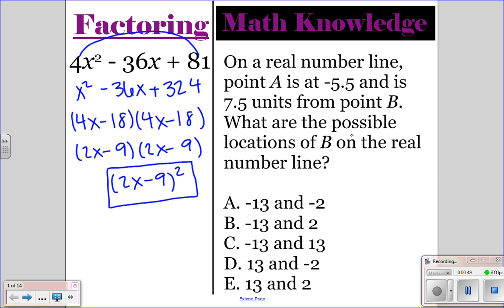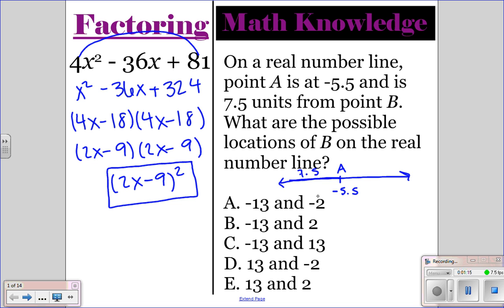For the math knowledge question, we have a number line. And they tell us that A is at negative 5.5. And then B is 7.5 units away from that. What are the possible locations for B? Well, it could be this direction, 7.5.